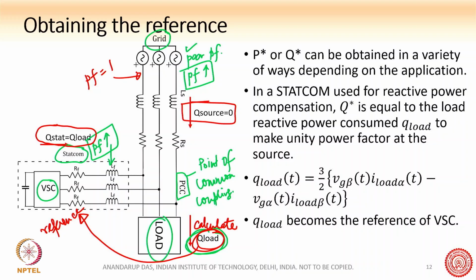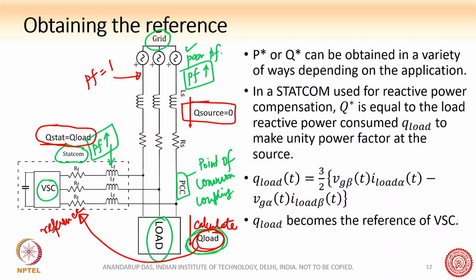So now you understand how the VSC working as a statcom, or you can say this is also a PWM rectifier, works in a certain way so that the grid sees a unity power factor. The load is absorbing a little bit of reactive power and the statcom is supplying that entire reactive power.